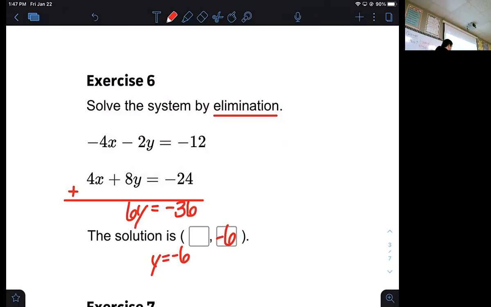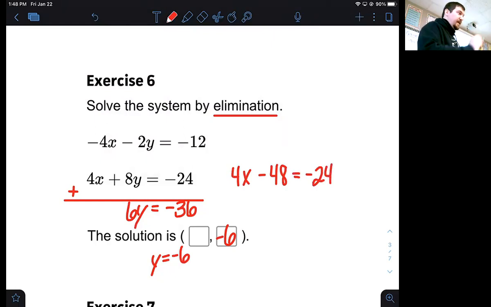For the x variable then, I don't think there's really a difference in these too much. Maybe do the top or bottom one because it's got more positives. If we plug -6 in for y, we get 4x plus 8 times -6, which is negative 48. I'll just go ahead and do that part, and we get that equation that we solve for x.